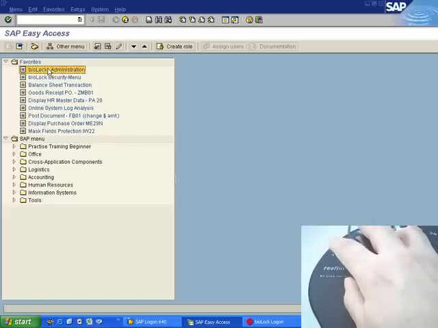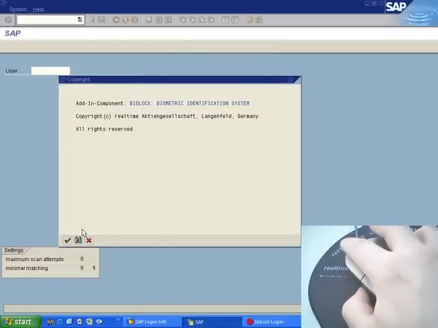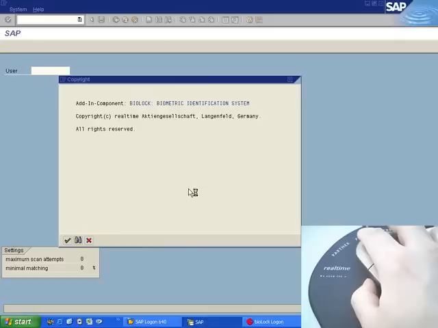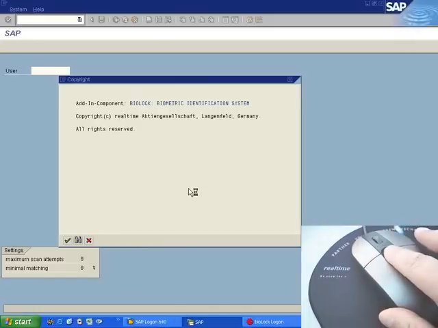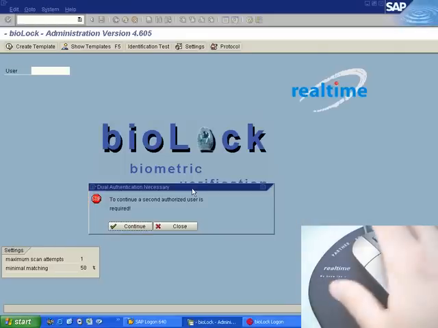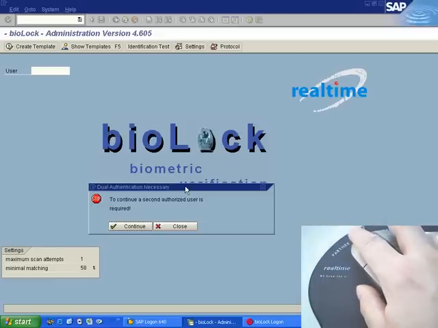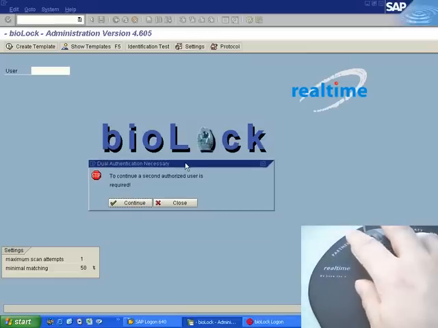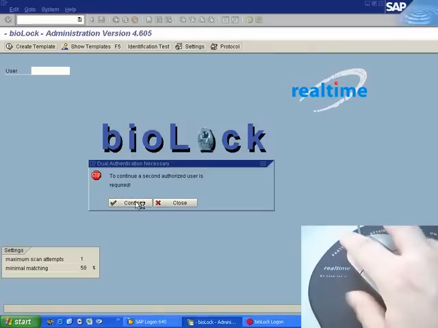Now we're going into the Biolog administration, and the first thing we will learn here is, of course, that our Biolog administration is protected with biometrics, but we have established here what is called a dual confirmation group. You just saw Thomas putting the finger on the sensor, and since the Biolog administration is protected with the dual confirmation group, this screen will pop up and will request that Thomas gets a second authorized person, in this case April, to continue his request.